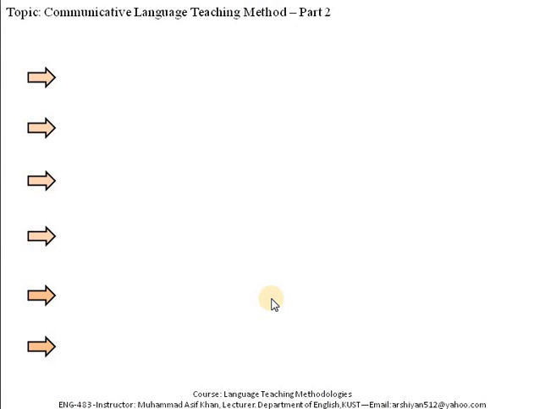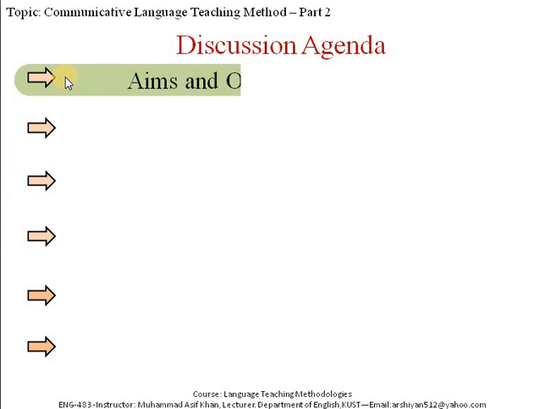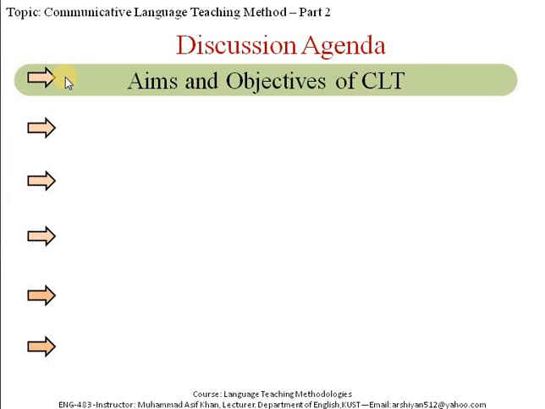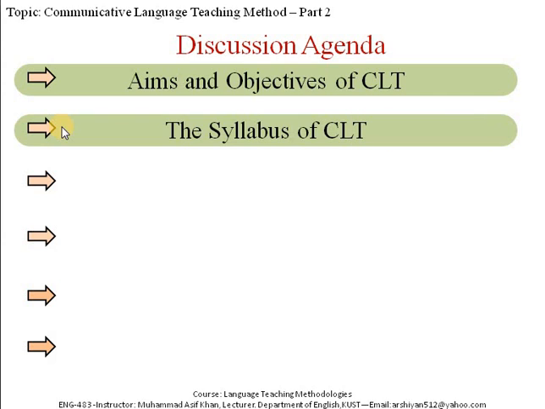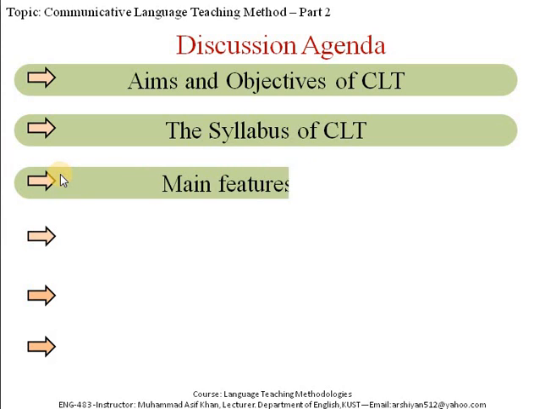Dear students, the agenda for today's discussion is that first of all I will describe the aims and objectives of communicative language teaching. After that we will discuss the syllabus of CLT, followed by the main features of communicative language teaching.